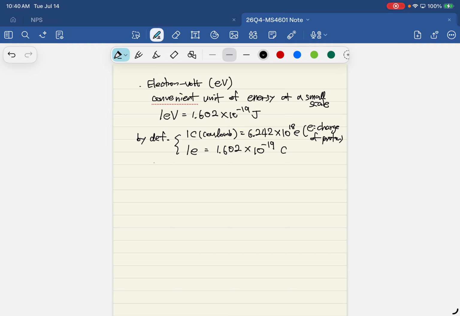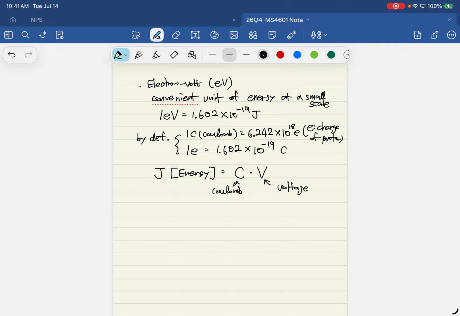And then, to define energy, this is energy in joules, which can be obtained by C times V. In this case, this is a coulomb, and then voltage. So when we multiply coulomb by voltage, we get energy.